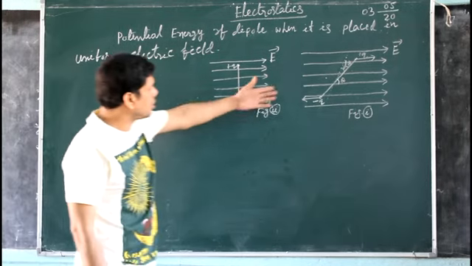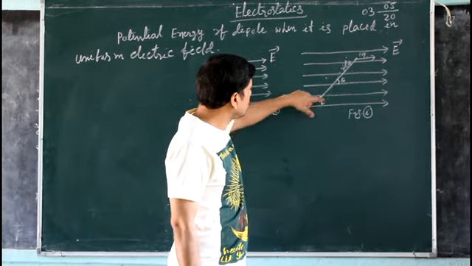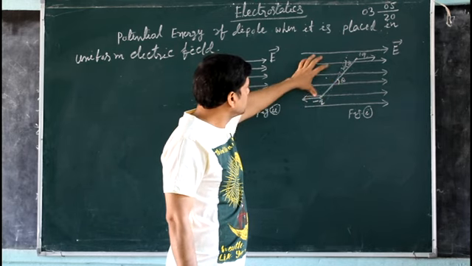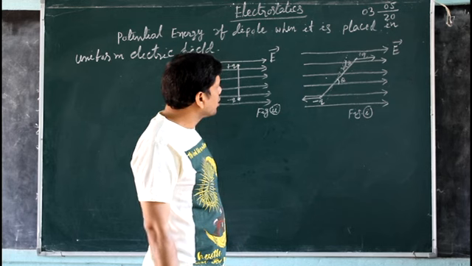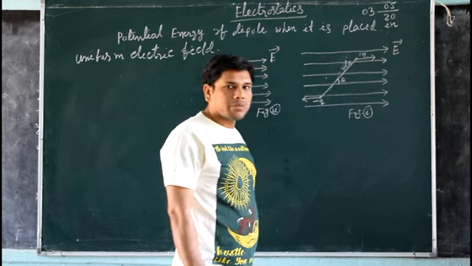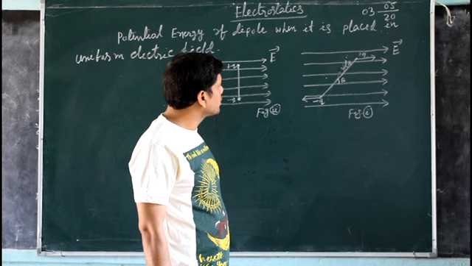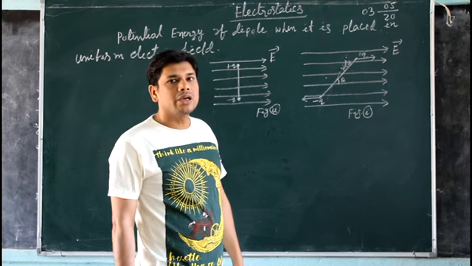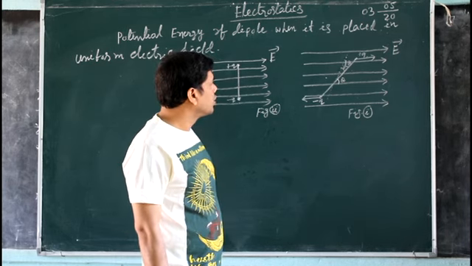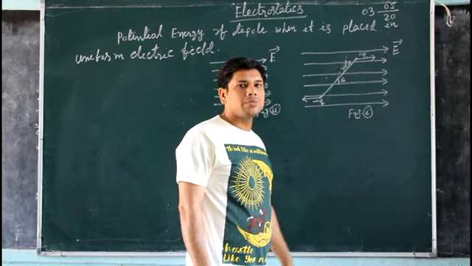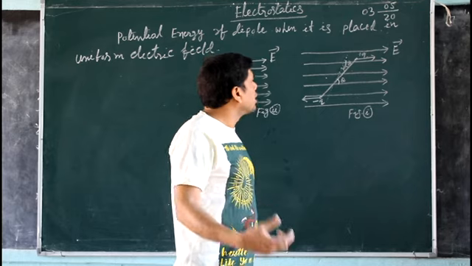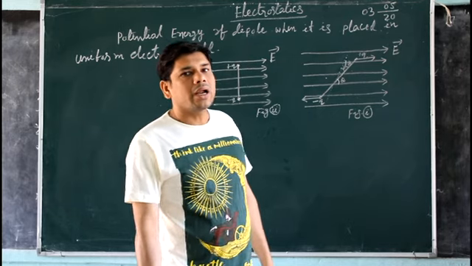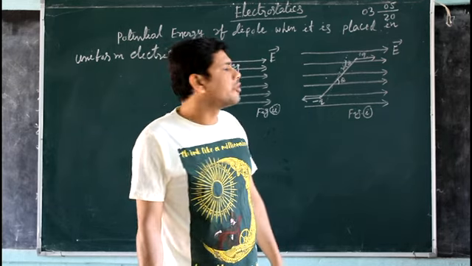Now, as shown in figure 1, when a dipole is placed inside a uniform electric field, at any instant of time this dipole makes an angle theta with the direction of the uniform electric field. It means the angle between the electric dipole moment vector P and the uniform electric field is theta.